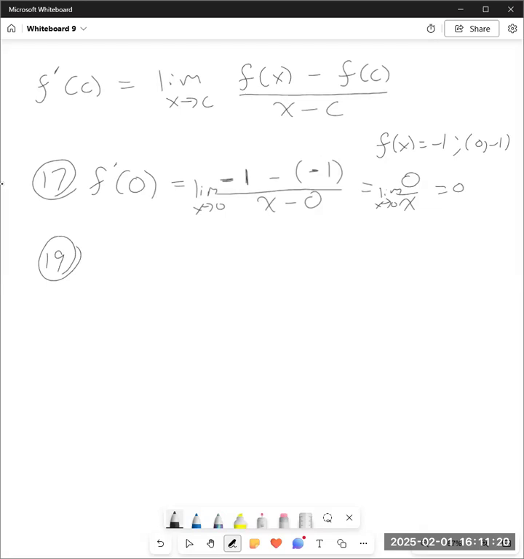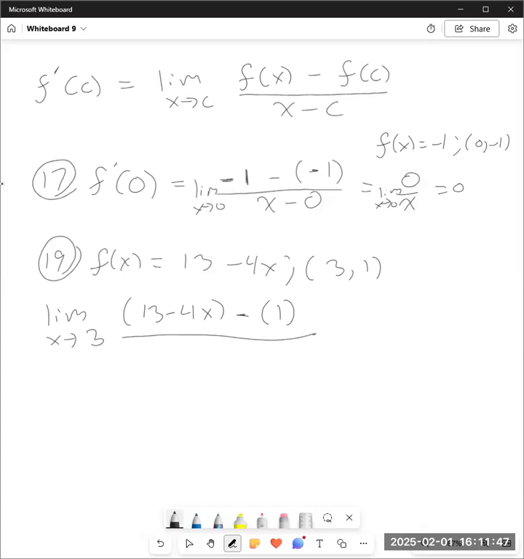So we have f of x is equal to 13 minus 4x at the point 3, 1. So we want the limit as x approaches 3 of f of x minus f of c over x minus c.